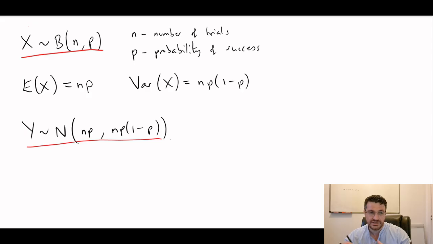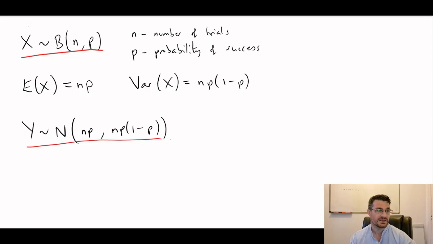Now, there is obviously a fundamental difference between the two because X is a discrete random variable and follows a discrete probability distribution. Y is a continuous random variable. It follows a continuous probability distribution. But nevertheless, there is a sufficiently close resemblance between the two, which I'll illustrate roughly in a second.